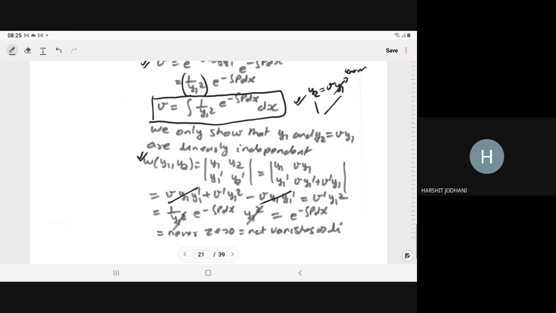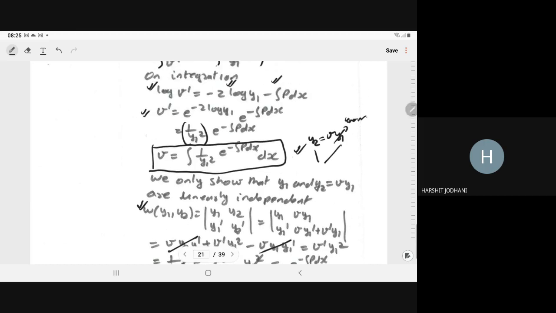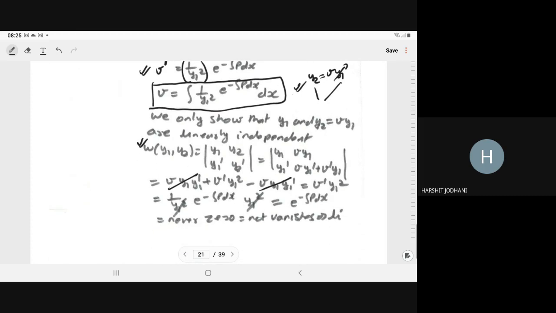And what is v dash? v dash is equal to 1 upon y1 square e to power minus integral p dx. So when we put the value of v dash, 1 upon y1 square e to power minus integral p dx, into y1 square, y1 square and y1 square will cancel out.